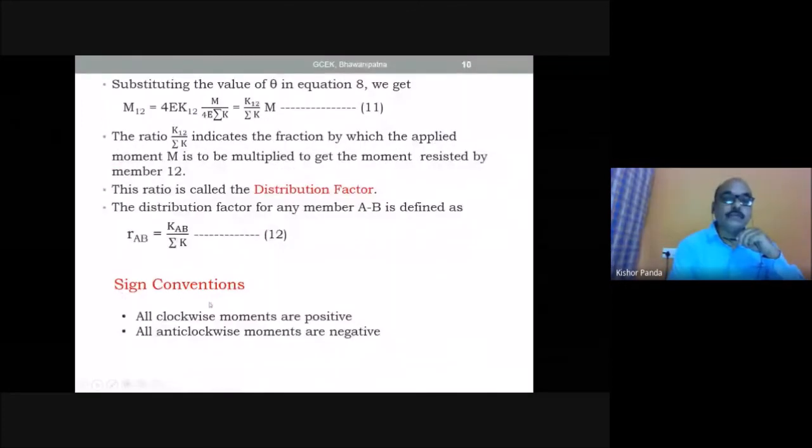What is the sign convention you have to follow when analyzing this method? You have to take all clockwise moments as positive, and all anti-clockwise moments as negative. Clockwise moment positive and anti-clockwise moment negative. You know which is clockwise and anti-clockwise; already we have discussed this in the slope deflection method.